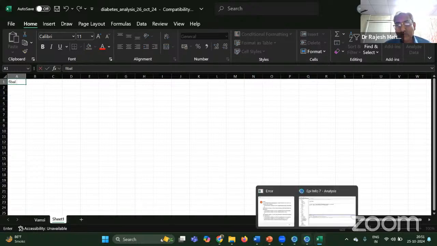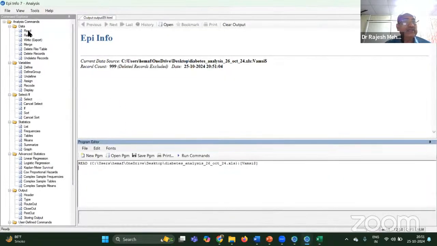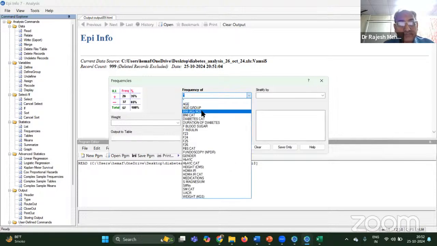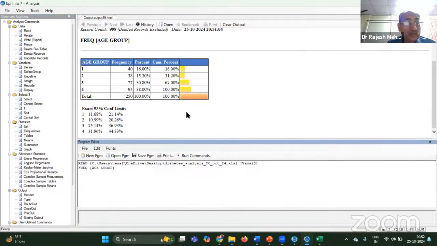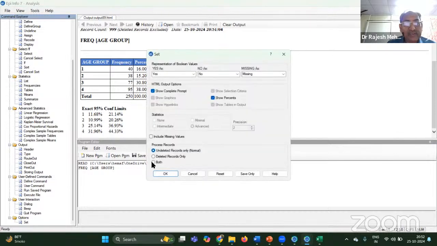Practically, you will be able to understand this: we close this file because it shows 999 records. If you look at the frequency of gender, or let's say the frequency of age group, it is 250. And the record count shown over here is 999 because the blank records are also seen.